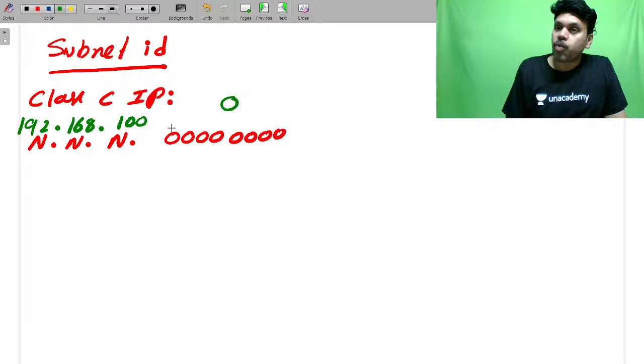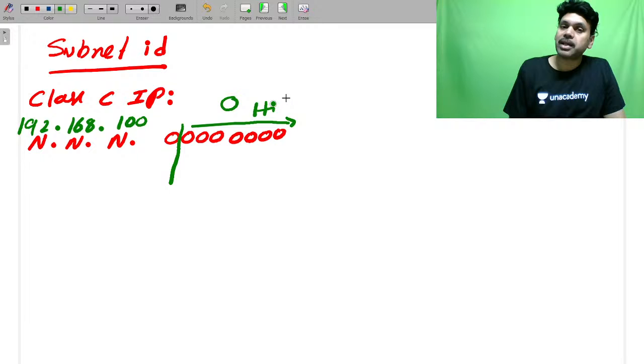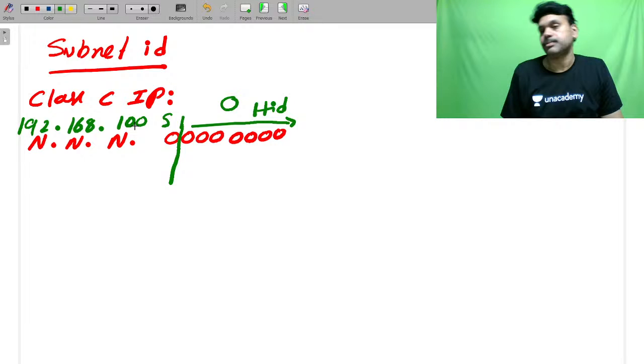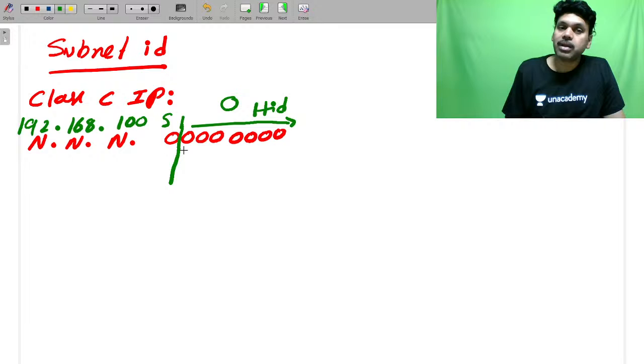Now, 1 bit subnetting I am doing. Outermost first let me do. So when you do 1 bit subnetting, this is the subnetted position. The rest is HID position only. Please recollect. So this is a subnetted position. Therefore, this is going to be the result.